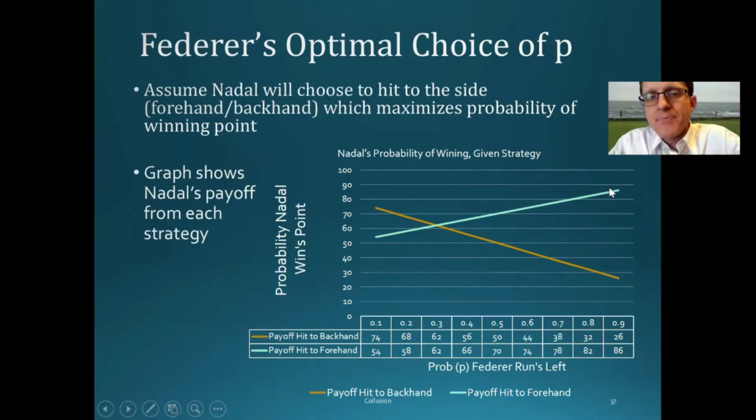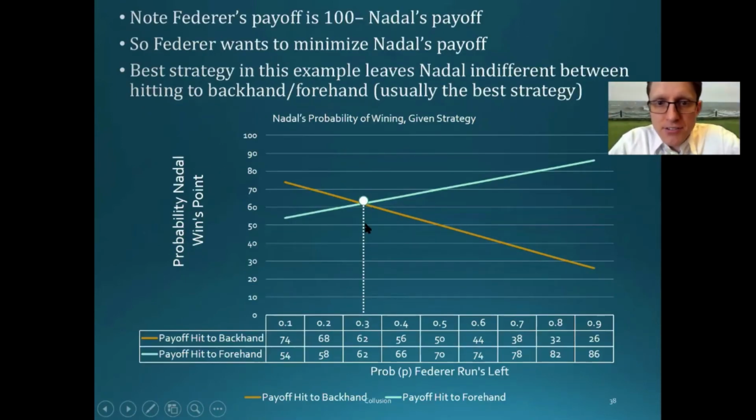Okay. Now, just as Lisa tried to take advantage of Bart's predictability, Nadal is going to try and take advantage of Federer's strategy. Right? So for any probability that's less than 0.3, we can see that Nadal gets a higher payoff of hitting to Federer's backhand side than he would if he hit to Federer's forehand side.